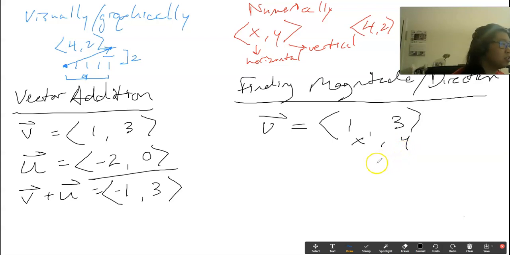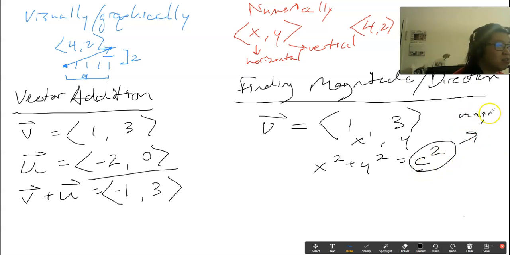So we say x squared plus y squared equals, say it with me everyone, c squared, where this refers to your magnitude. I ran out of space there. Magnitude squared, I should say. So when we want to solve for it, all I have to do is square root this answer, and that's where we're going to get it.